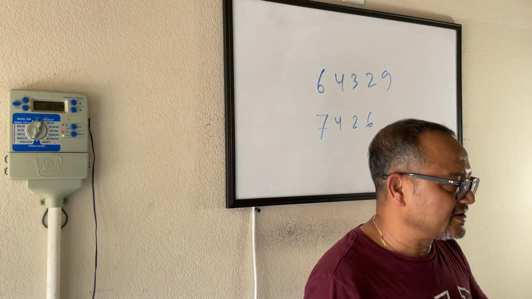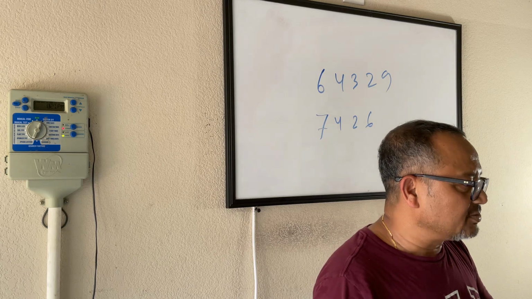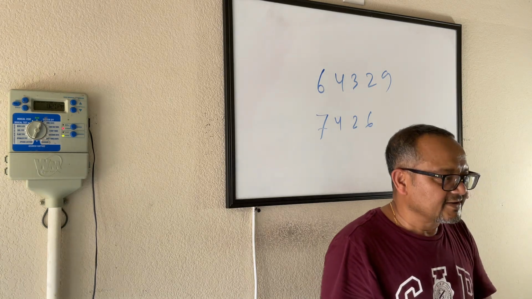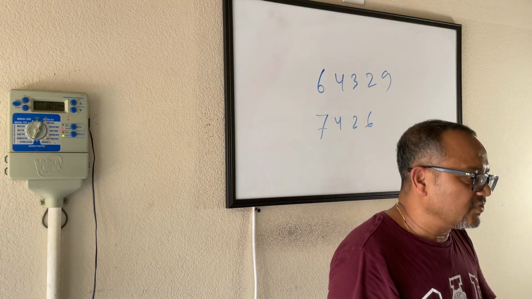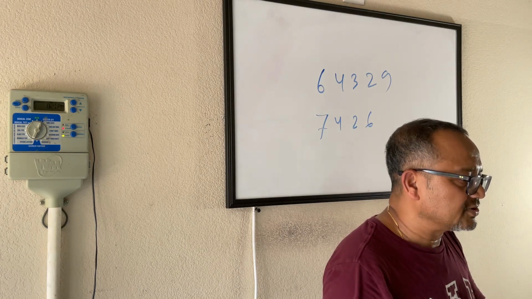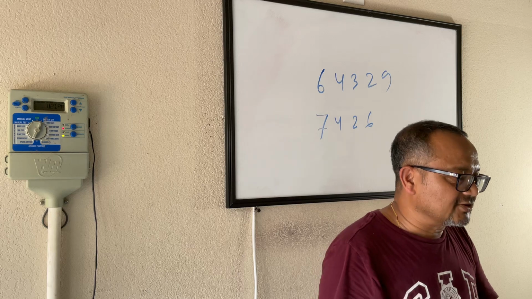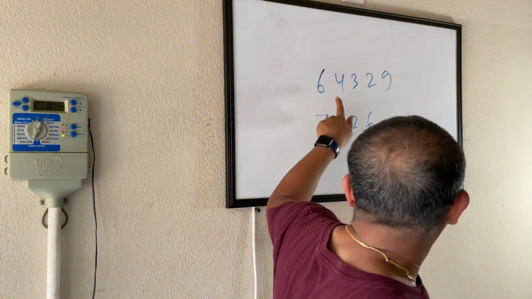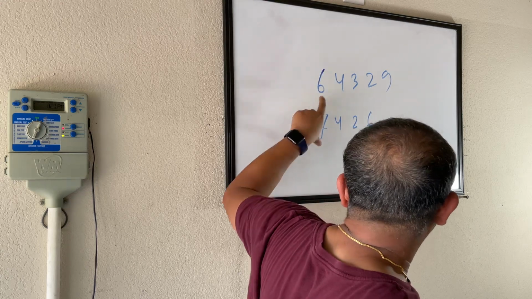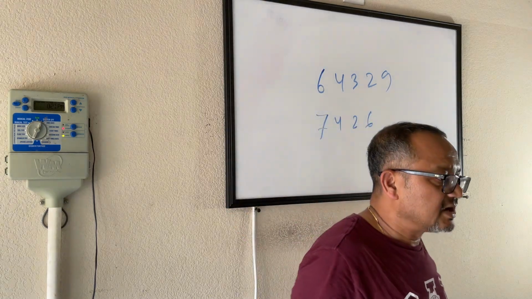Which one is bigger? I could not hear you. One more time. I'm saying there are two numbers, 64329 and 7426. Which one is bigger?